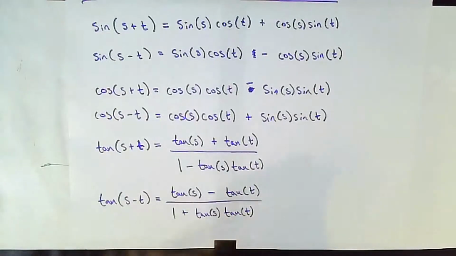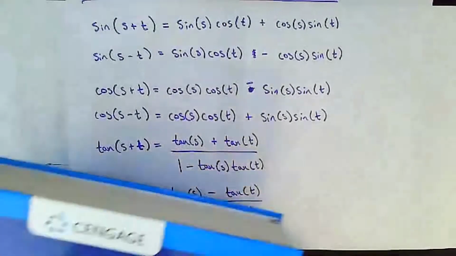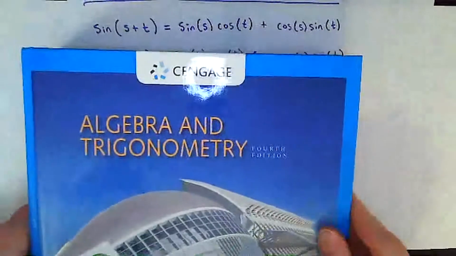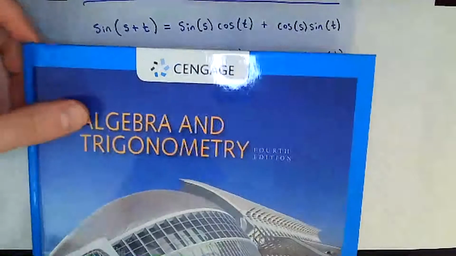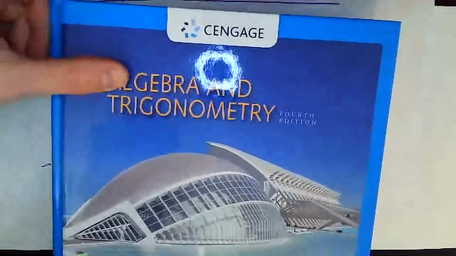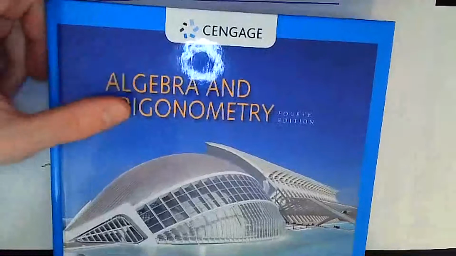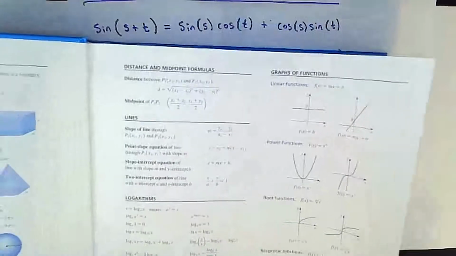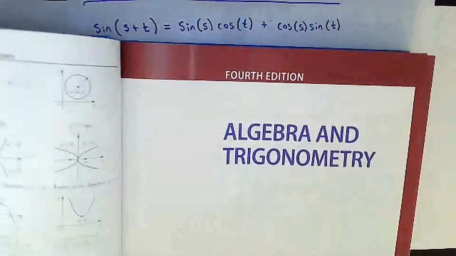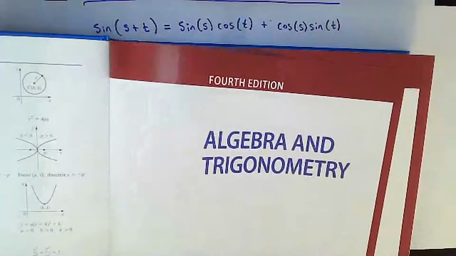By the way, if you do have a physical copy of our textbook, which you might, because you might have bought it for 112 in the past, any good trigonometry or precalculus or calculus text, all sorts of math textbooks, are going to have the trig identities and formulas in their front cover.